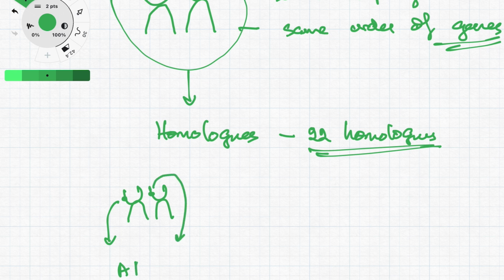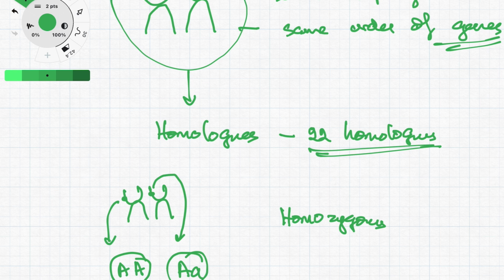If the information is the same, then these two genes, we call them homozygous. If the information is slightly different, like this one codes for capital A and this one codes for small a, then we call them heterozygous.